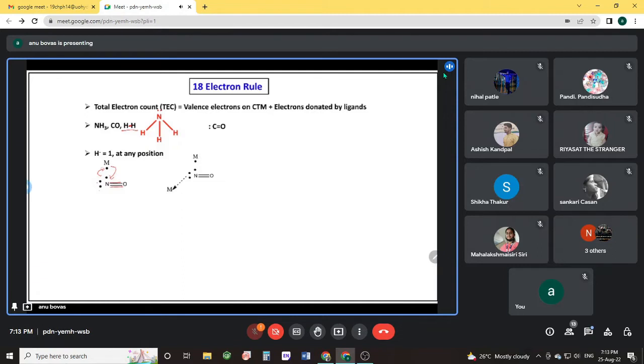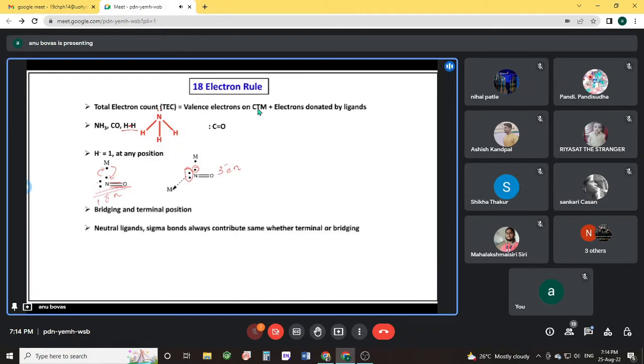Now, nitrosyl can also exist in bent form. In that case, once nitrosyl has completed its octet, the extra lone pair of electrons can also be donated to the metal. That means it can donate a total of 3 electrons. So, nitrosyl in linear and bent forms can donate 1 and 3 electrons respectively.